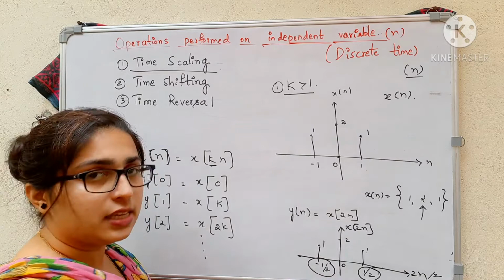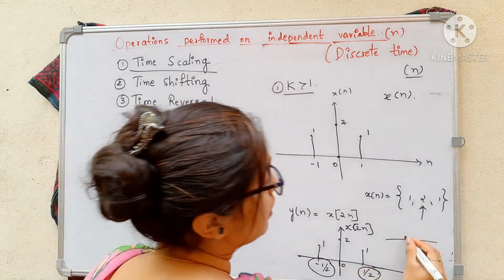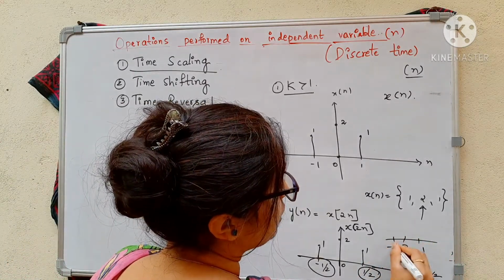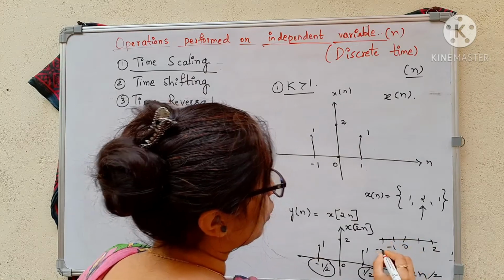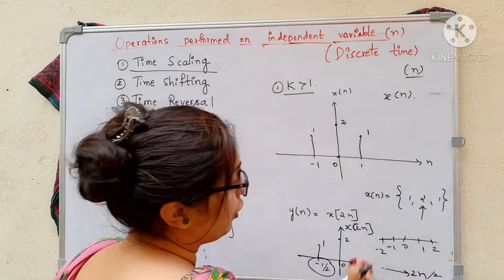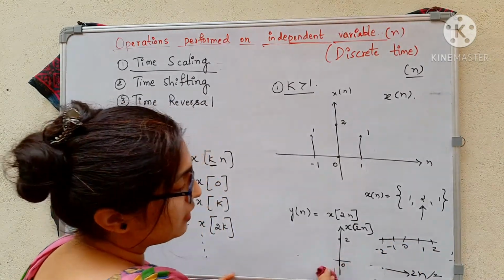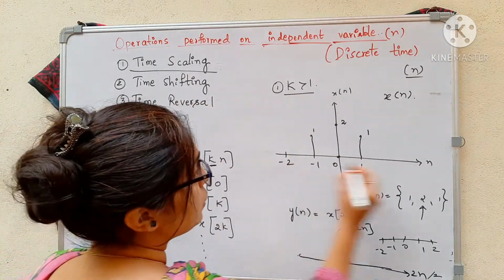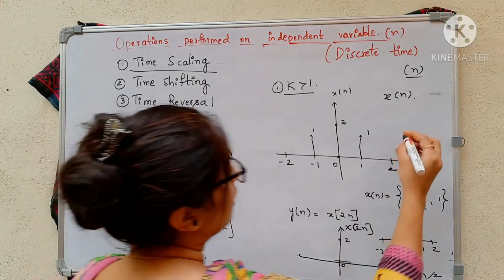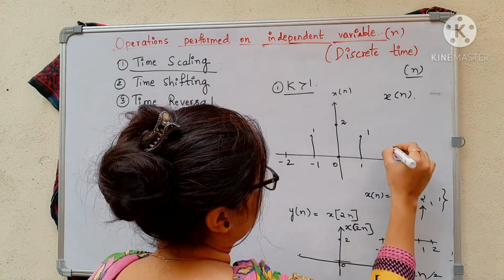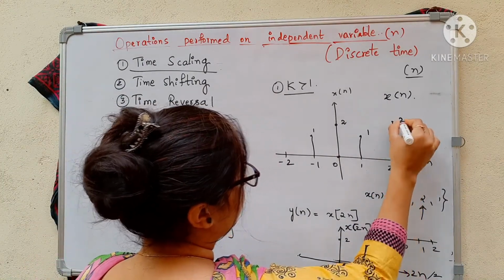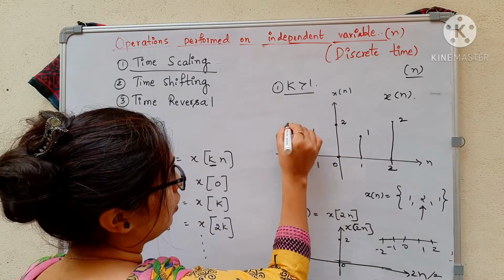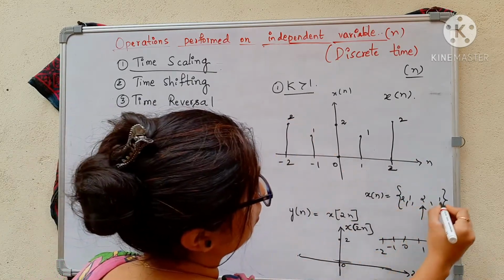But in our discrete time signals, we have 0, 1, minus 1, 2, minus 2, so we do not have 0.5, right? So the resulting signal will be this one. But if we had values at minus 2 and 2, then this one as 2 and 2.